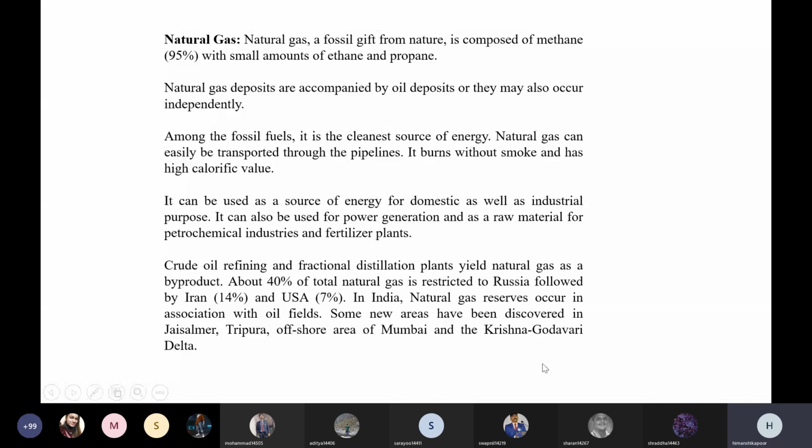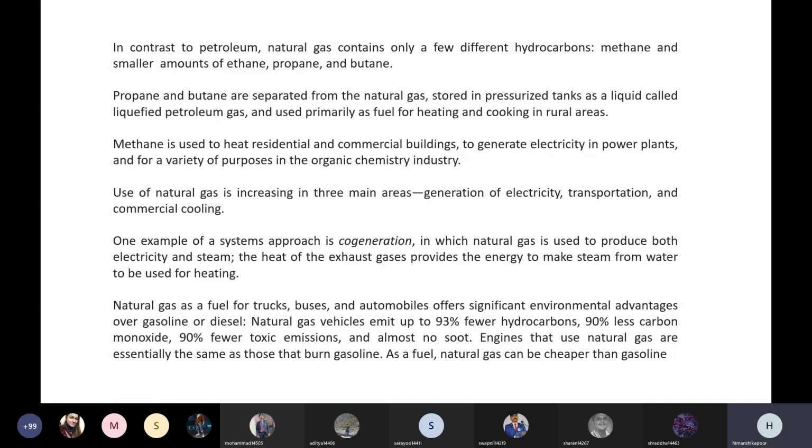Now talking about some more aspects of natural gas. We can use it for domestic purposes, and we can also transport it when we convert it into a liquefied form. This is known as liquefied petroleum gas, or LPG. It is a very important fuel in terms of cooking, and majorly it is employed in cooking.